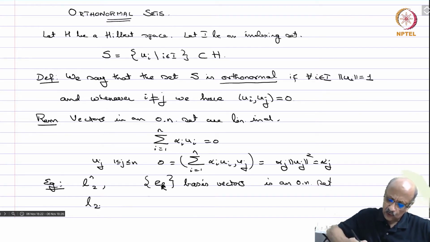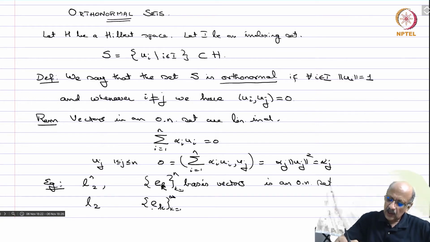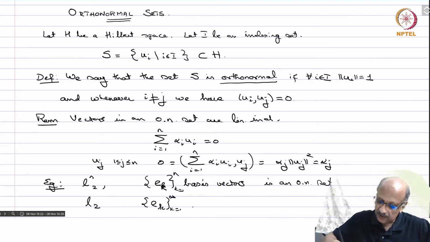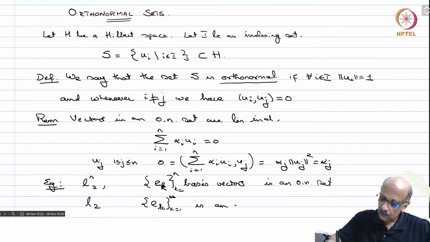Similarly, if you took l 2, the set of all ek, so this is k equals 1 to n, here it is k equals 1 to infinity. These are all sequences, 1 in the kth place, 0 elsewhere, is an orthonormal set.